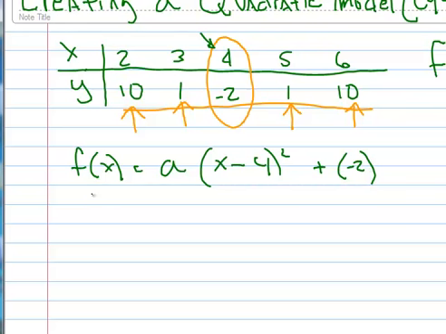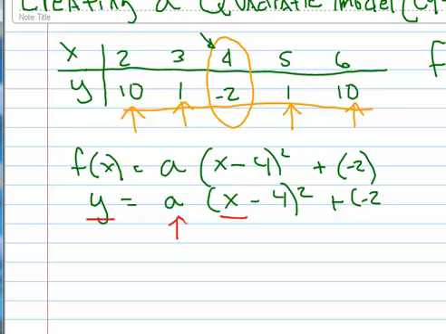But before I do that, let's just make this be a y equals. Sometimes it's easier for students to see how it works if it's a y equals and not our function notation. Okay, so here I have y, and here I have x. And then, of course, I have a, which I'm trying to find.